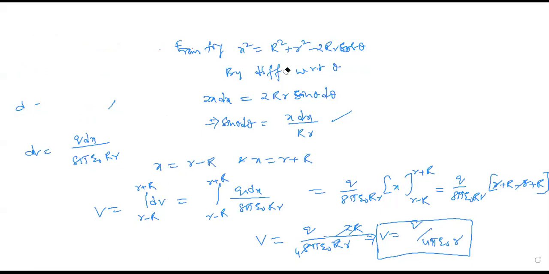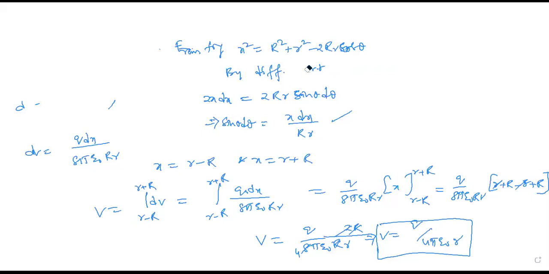So what happens? It should be 2x dx, right? No, sir, it will be constant. But when you write it with respect to theta, or simply say differentiation, then how will you get it without theta?